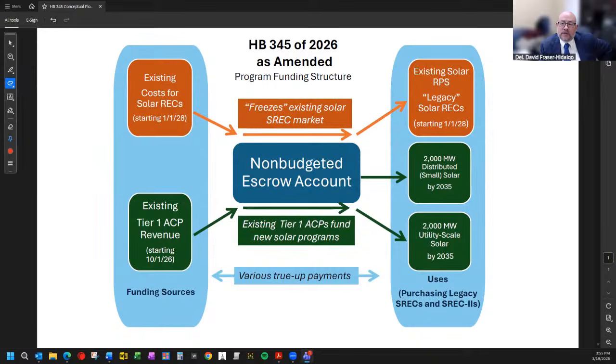Let me jump in here for a second. I think this is important. Objectively speaking, we want the ACP to eventually go away, and the way that we do that is by increasing solar, which would then flip what the values are.